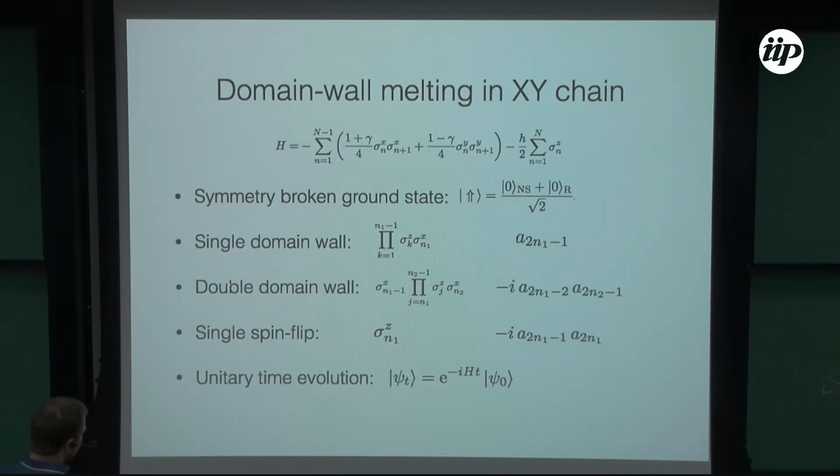Now, I could also do something more general, a double domain wall. It's a very similar construction, but now I don't take the full string. I just cut it off from left and right with the sigma x. This will flip all the spins between n1 and n2. And essentially, you can rewrite it again as not a single particle, but a two-particle excitation in terms of fermions. Okay.